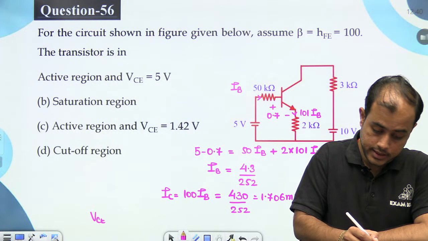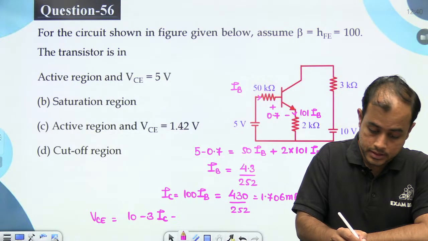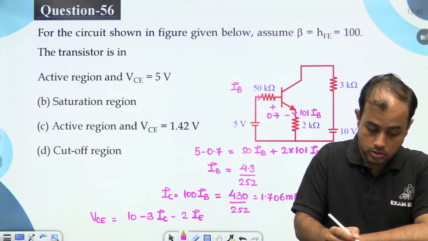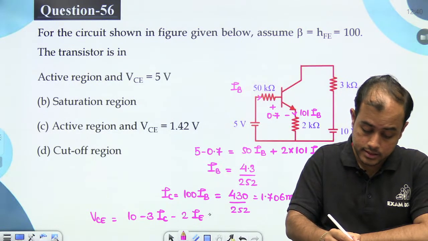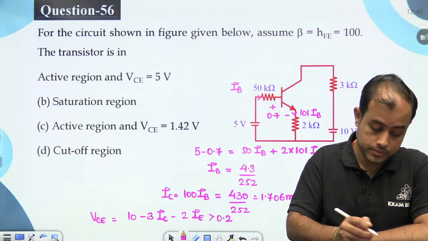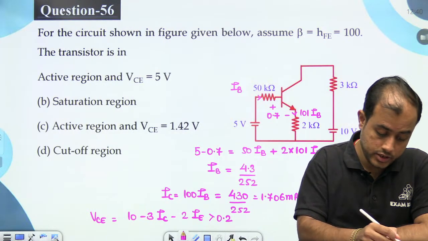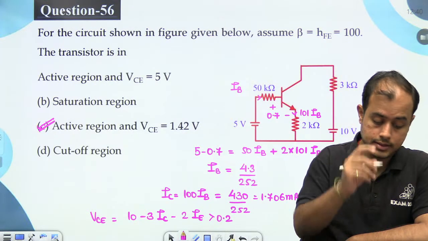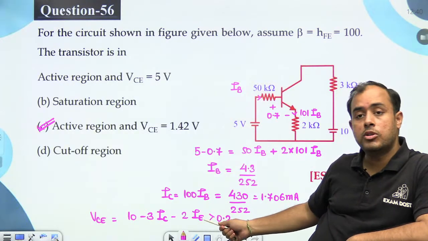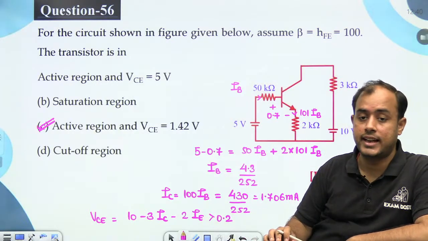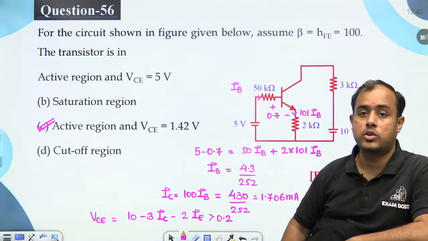Now VCE is 10 minus 3 IC minus 2 IE. So this will be approximately 5 IC. This is greater than 0.2. So it is active region. C option. ठीक है. इसको भी IE को ना IC ले लो approximation के लिए. Take IC, IE also equal to IC.